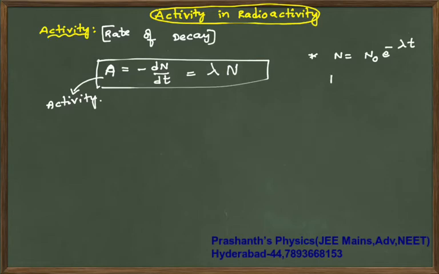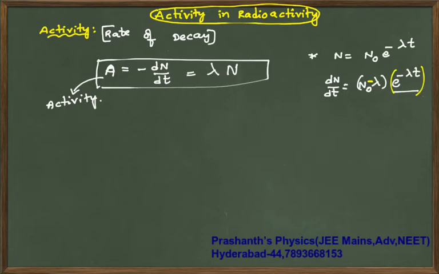If you do dn by dt, you get n naught times the derivative of e power minus lambda t, which is minus lambda times e power minus lambda t.